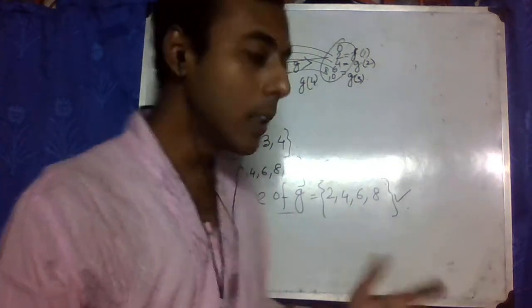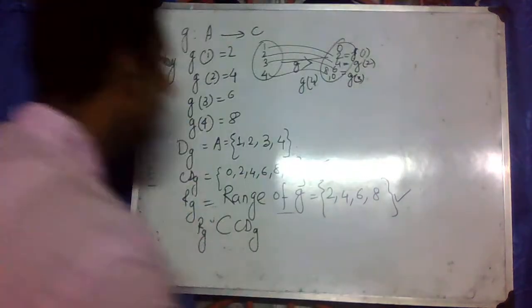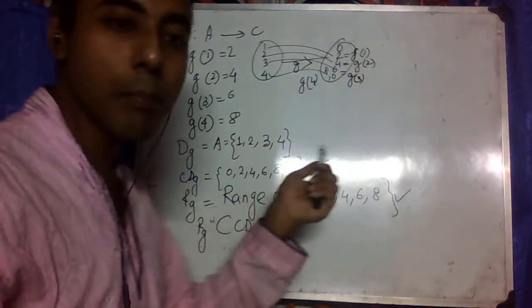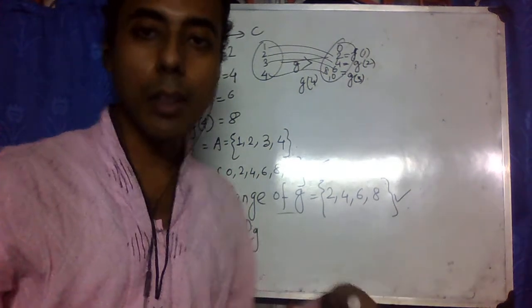So in general, what can we conclude? In the previous example, we saw range set and codomain set are equal.